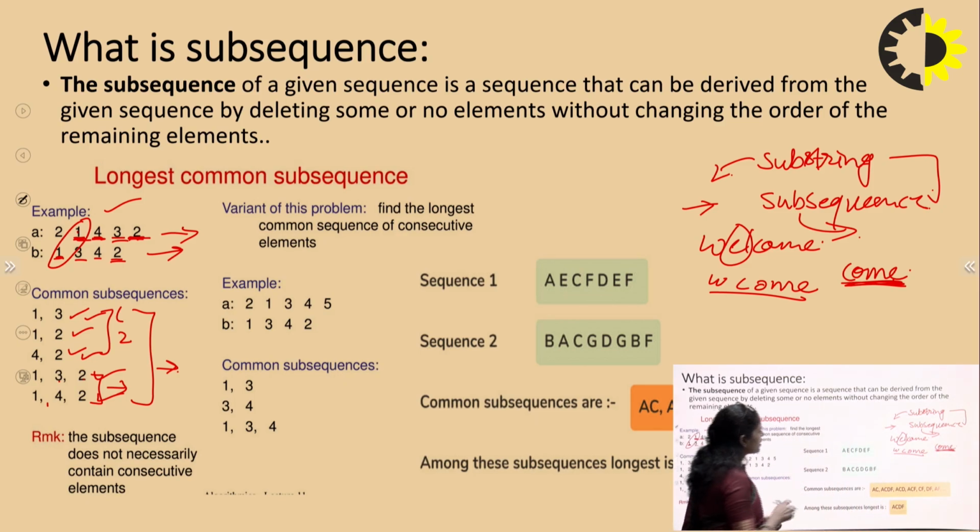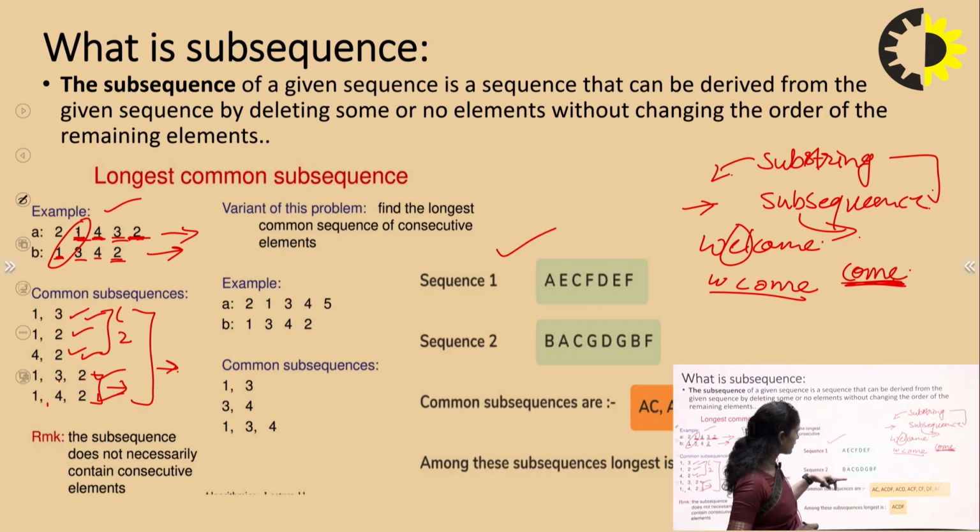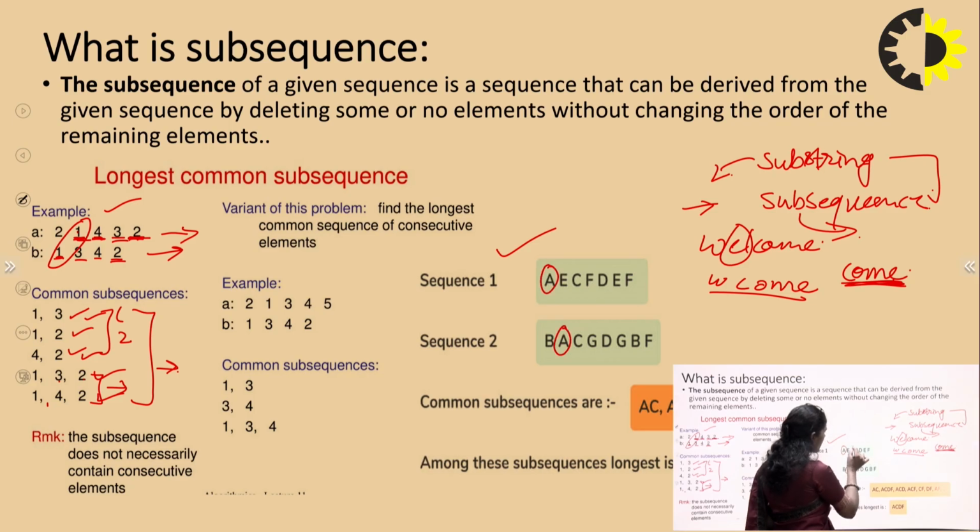Next we have another example in which we have some alphabetic characters, and here we have some common subsequences. The possibility like A and C. Here is the character A, here is the character C, and next character D, and next character F. These are the common characters between both strings.